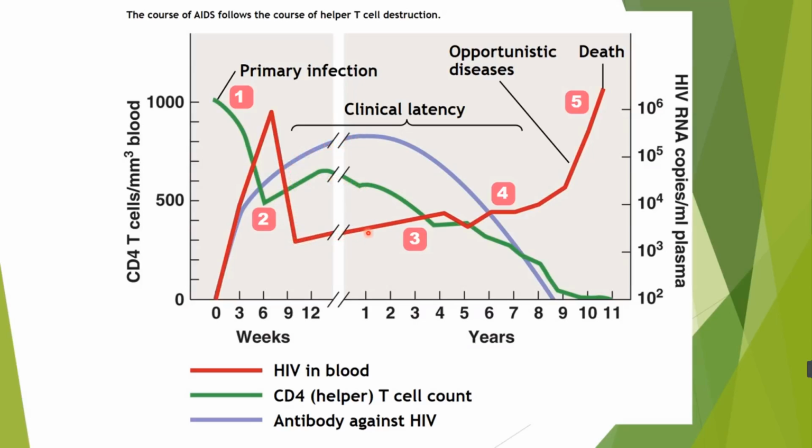But then over time, we have a reversal of the situation. The immune system is now compromised, and we see increasing numbers of the HIV virus until death, because T4 helper cells, as well as the amount of antibodies against it, decrease. And don't forget, antibodies are produced by B cells that differentiate into plasma cells.